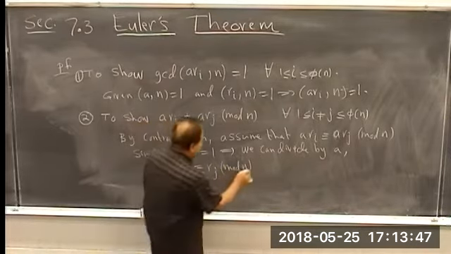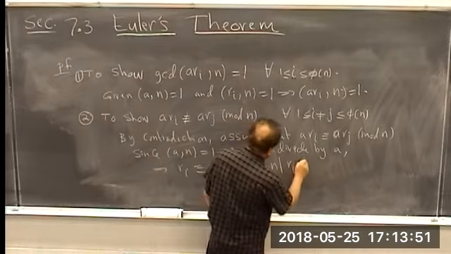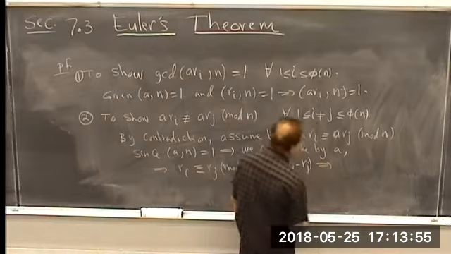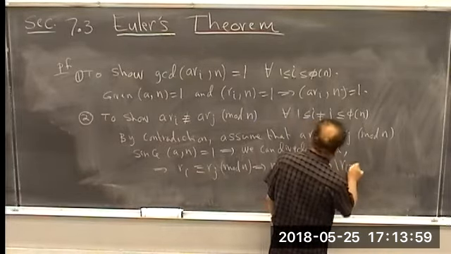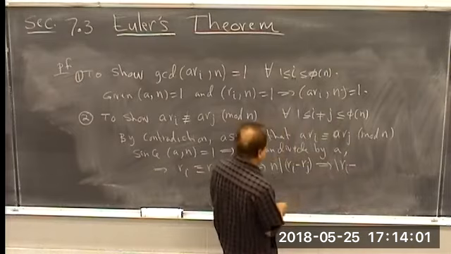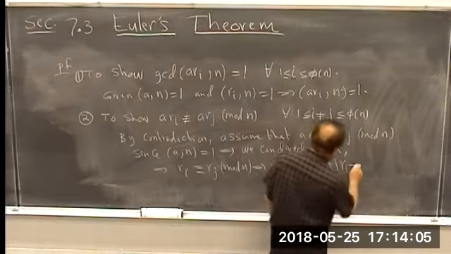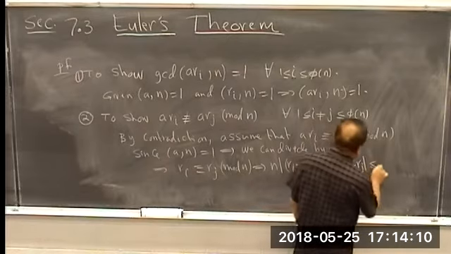And this in itself implies that n divides Ri minus Rj. And this implies that the absolute value, because I don't know which one is larger, unless we list it in an increasing order, so Ri minus Rj in absolute value is going to be less than or equal to n.